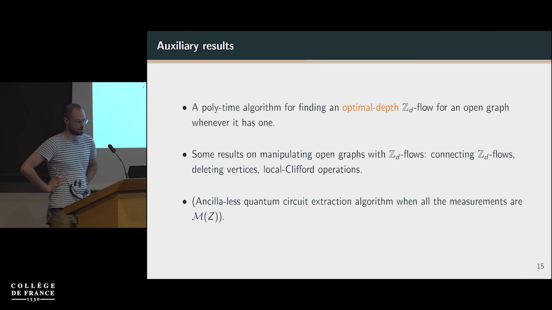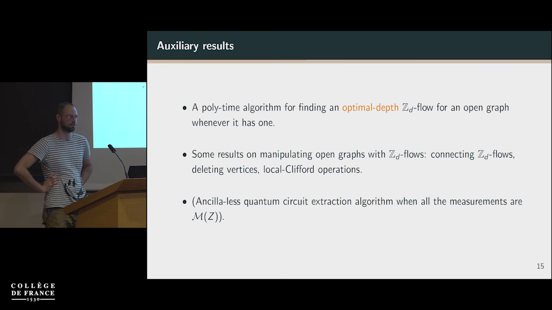Then secondly, we have some results on how to manipulate ZD flows while preserving the semantics, or the underlying computation which is being implemented. So we have results on how to connect two ZD flows together. If I have two graphs with their own ZD flows, how can I plug the inputs of one into the outputs of the next and obtain a ZD flow for the whole thing?